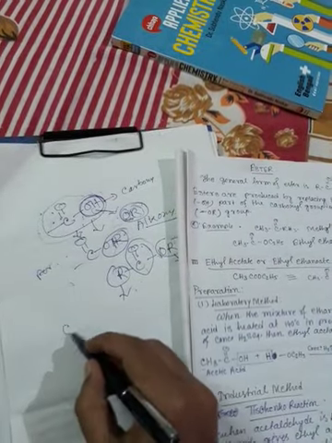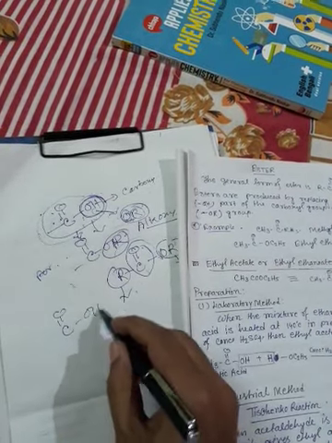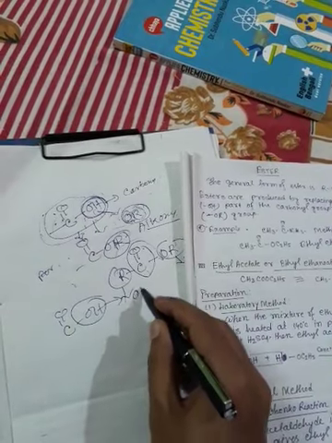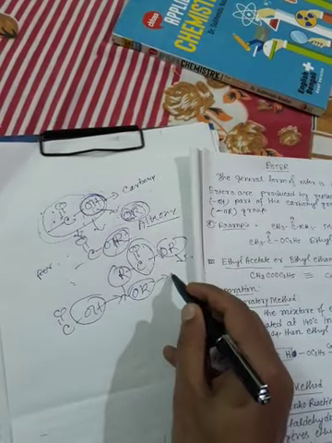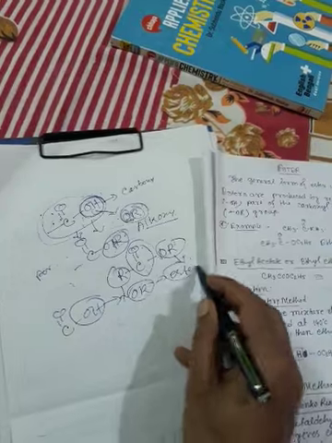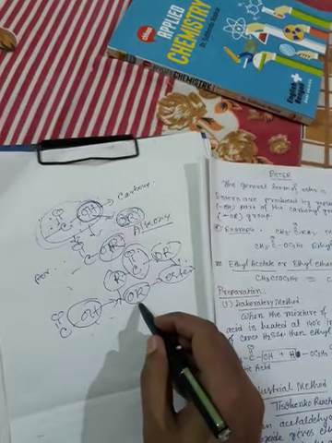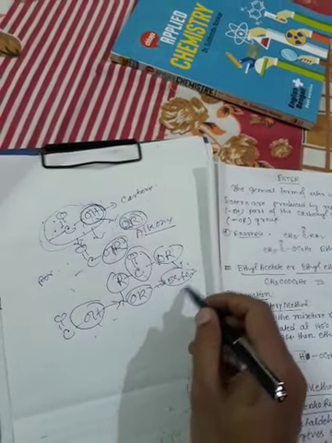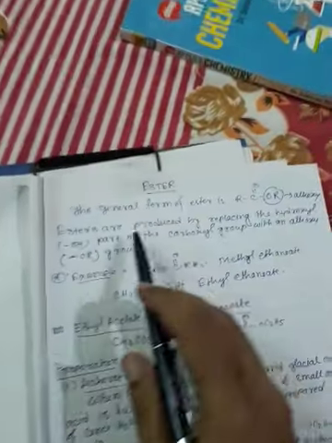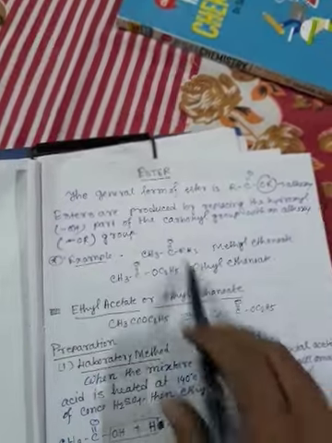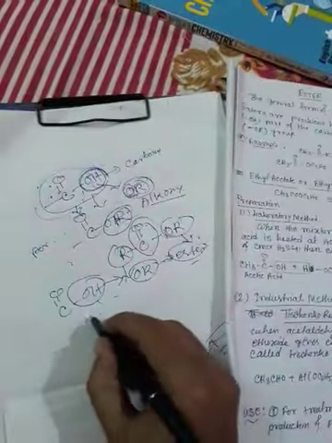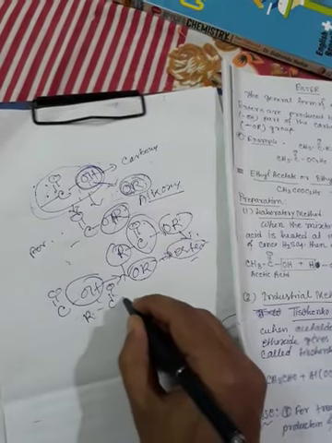alkoxy group. Okay, so whenever the OH group of carboxylic acid is replaced and becomes OR, then it becomes an ester. Okay, when the OH group is replaced by an alkoxy group, then this group is called ester. Okay, now the example of ester is RC double bond OR.